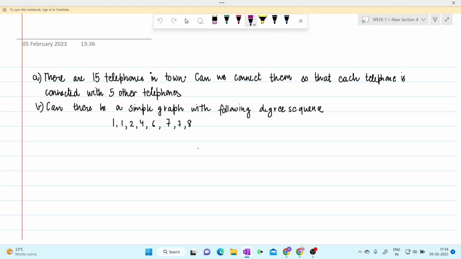So this is one of the questions I picked from quiz 0, so you might be aware of this first question. There are 15 telephones in a town. Can we connect them so that each telephone is connected with 5 other telephones? So what do you think? Let's first model this problem as a graph theory problem. All these 15 telephones correspond to 15 vertices of the graph.